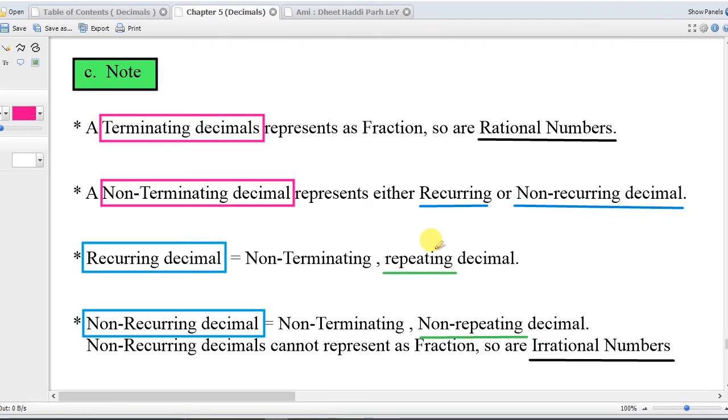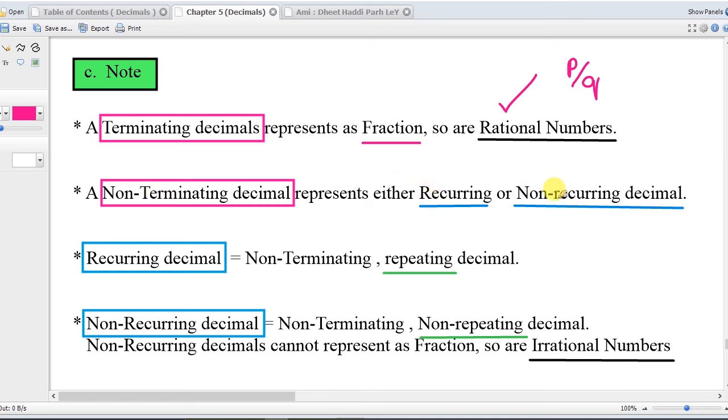So here are a few important key points related to these decimals, terminating and non-terminating decimals. Terminating decimals can be represented as a fraction, so it is a rational number, which means we can write it in the form of p over q, or in the form of a fraction. Non-terminating decimals are either recurring or non-recurring. So these are the two further types of non-terminating decimals, right?